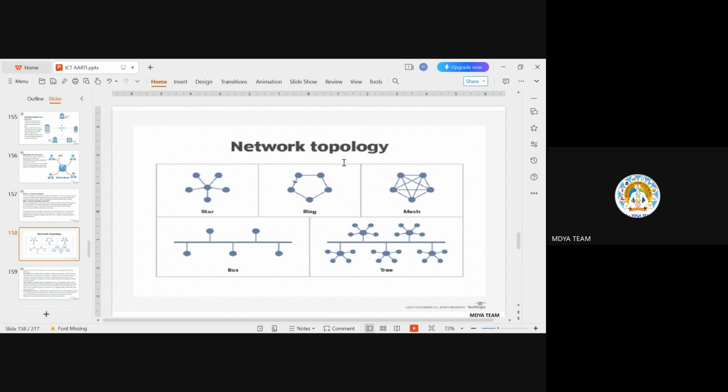We can connect the PC with the printer, the scanner, the wireless mouse. All these devices we can connect with these topologies.